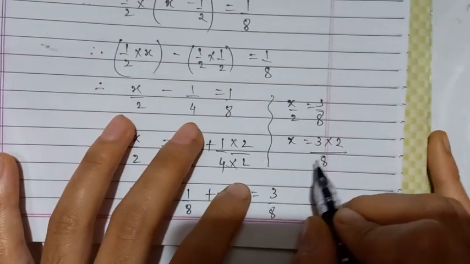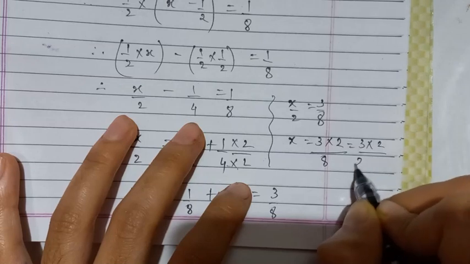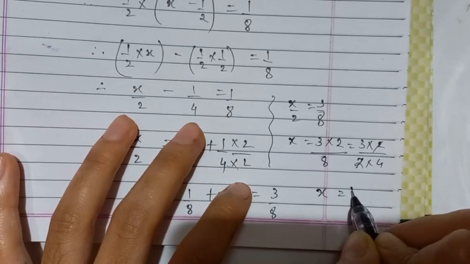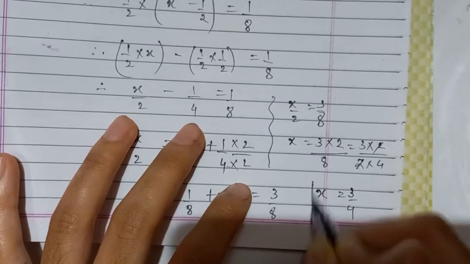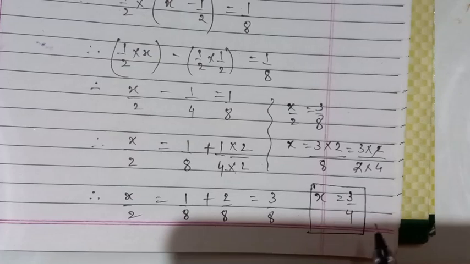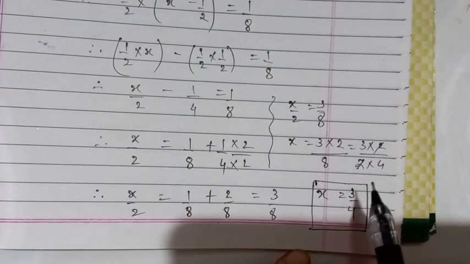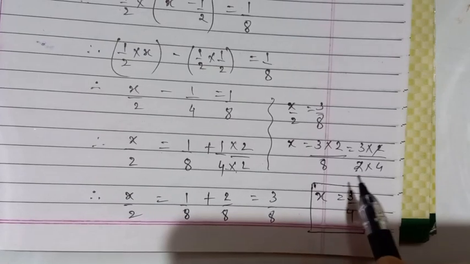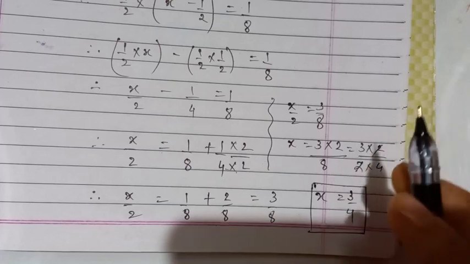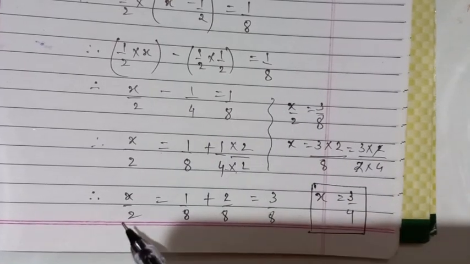Now you can factorize this 8 into factors, 2 into 4, now this 2 cancels and our x is equal to 3 by 4, and it is our assumed number. You can cross check your answer 3 by 4. If you subtract 1 by 2 from 3 by 4 and multiply that result by 1 by 2, then definitely you will get 1 by 8.